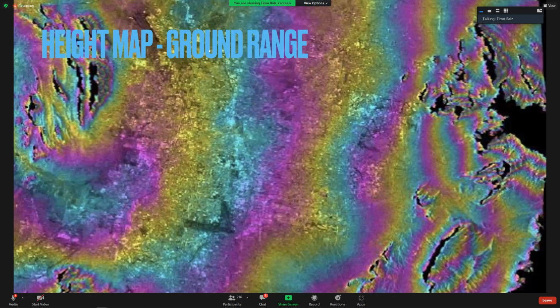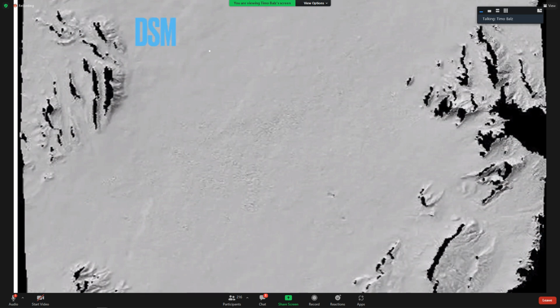We actually don't really need to do that. Typically, instead of ground range, we transform it to the world coordinate system, right? We have the height, we know the coordinates. We transform it from radar coordinate systems to world coordinate systems, and then you can create your digital surface model, which would look something like that.